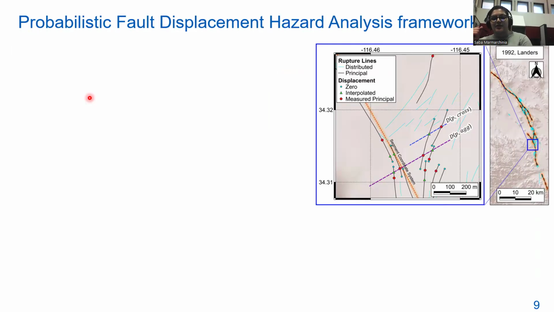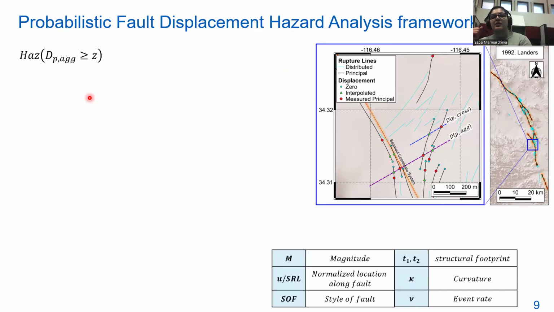So the previous framework defined the hazard for aggregate displacement, which is the case similar to the purple structure that crosses all of the overlapping ruptures.